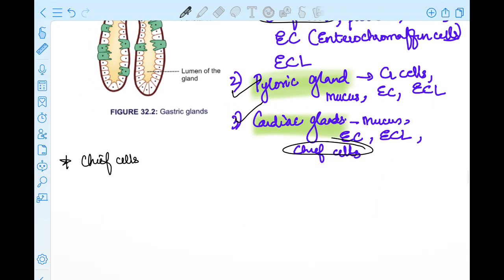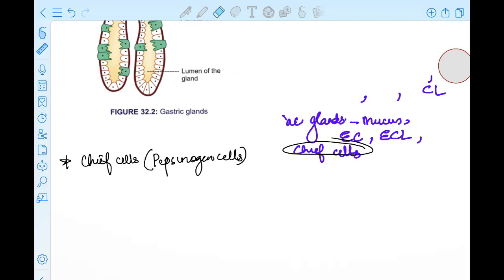So the chief cells, one more addition, are known as the pepsinogen cells. So from the word itself, we understand that the chief cell produces pepsinogen.